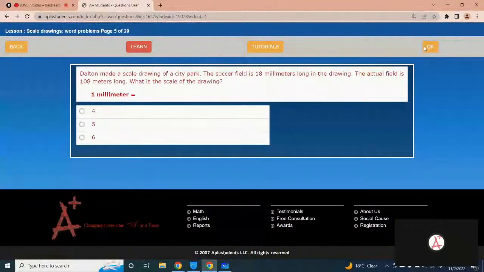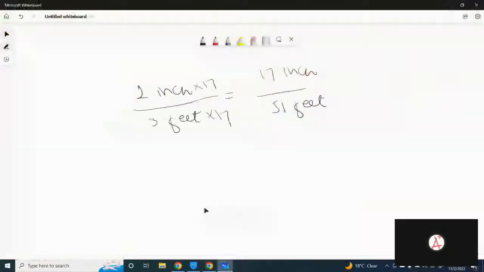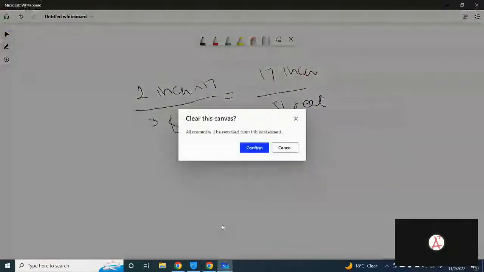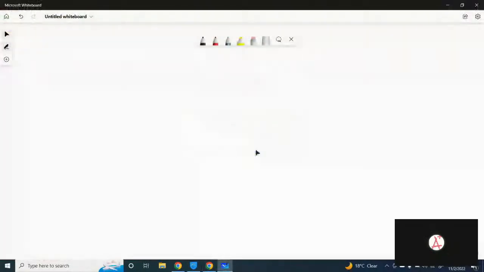Got it? Okay, the next topic is ratio tables. You are given tables, and you have to find the ratio between them.